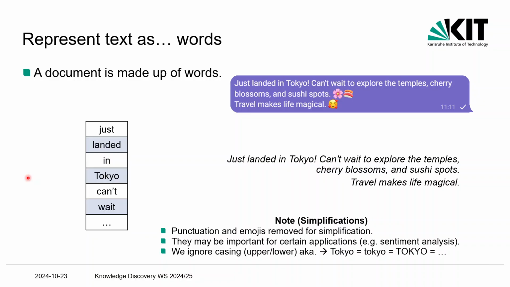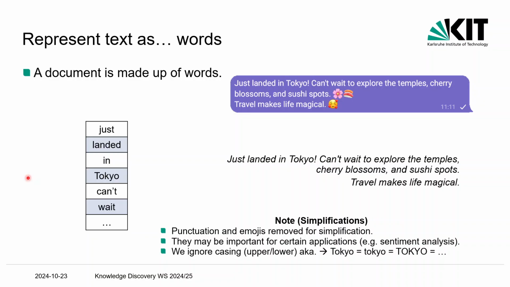Note there are some simplifications here. We don't take punctuation into account. We also ignore the emojis, even though depending on what kind of application you're working on, this kind of assumption can be fatal.